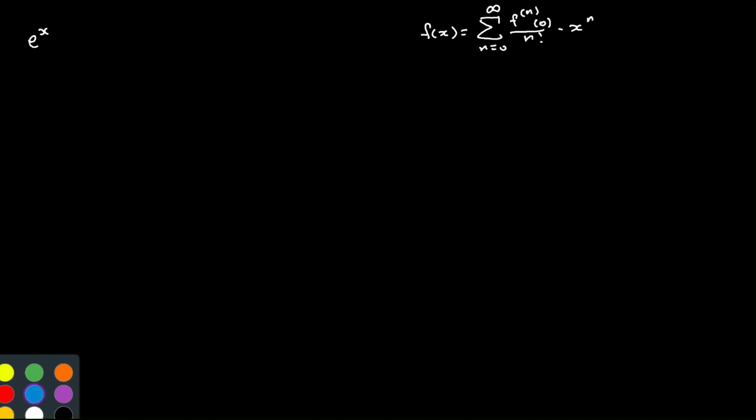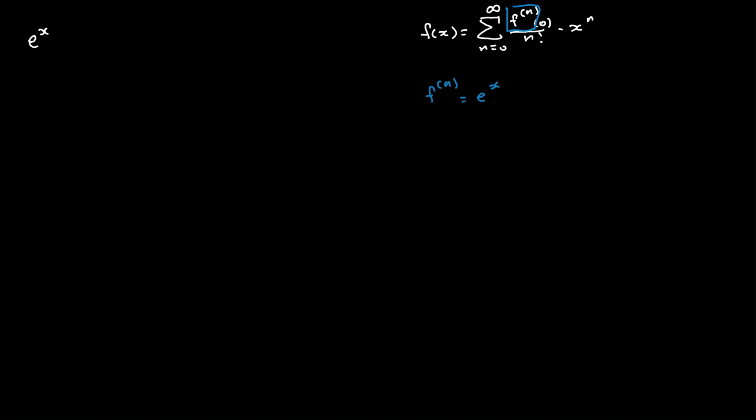We'll be looking at e to the x, or the famous exponential function, whose derivative is famously itself. So the derivative of e to the x is e to the x, and I can continue that to infinity and only get e to the x. And I'm just rewriting our formula here so we can remember it. So the nth derivative of our function is always going to be e to the x.